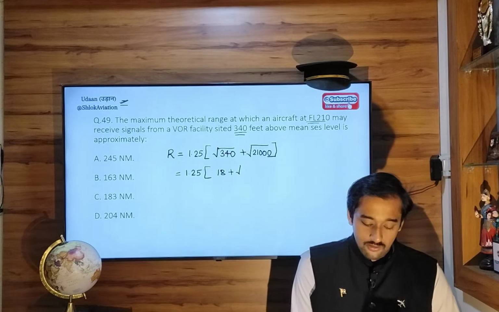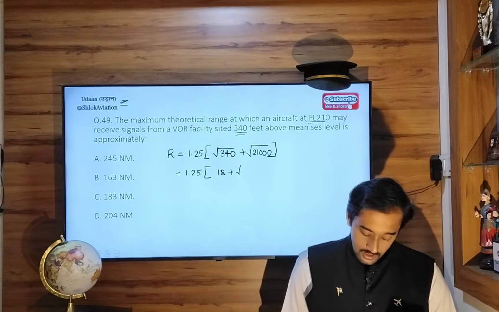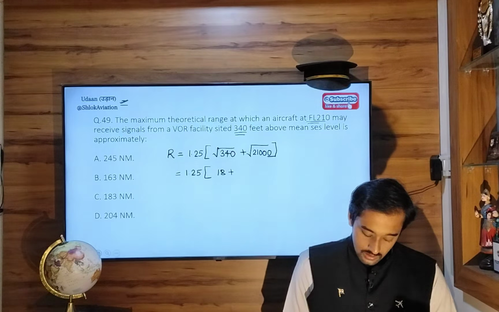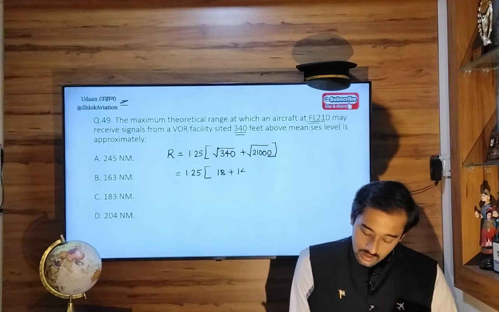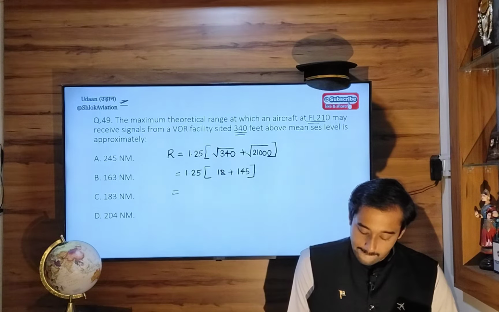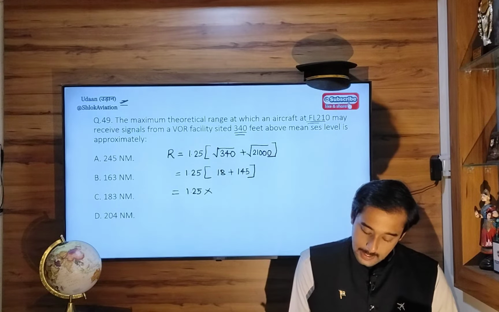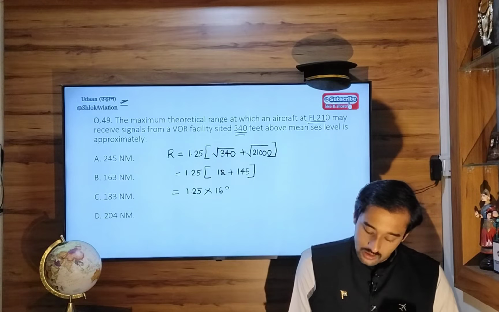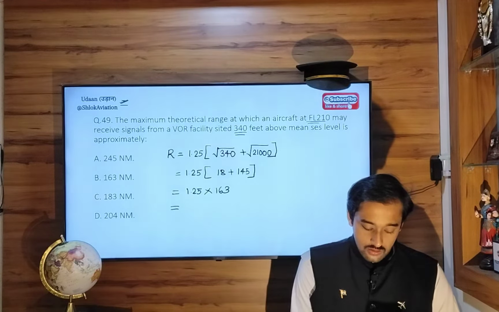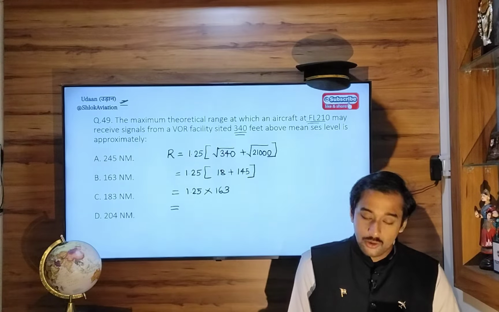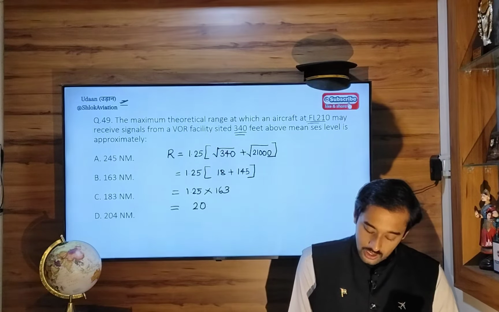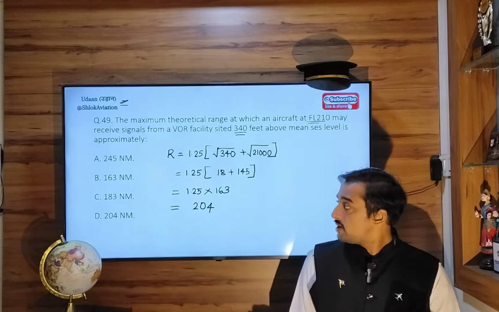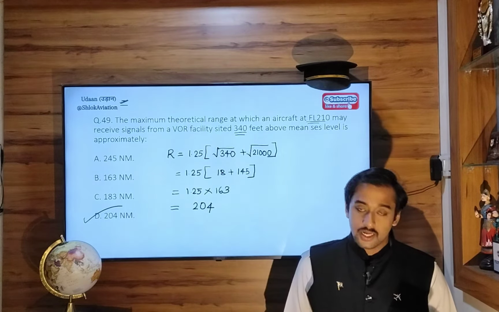Square root of 21,000 will be 145. Add both of them, 163. So you get an answer of 204 nautical miles. Okay. So the correct option will be Delta.